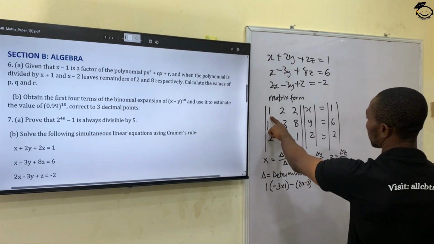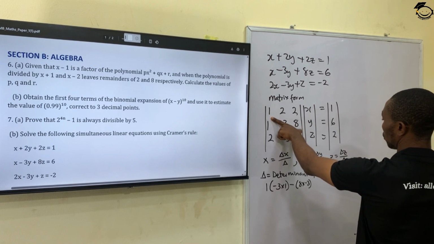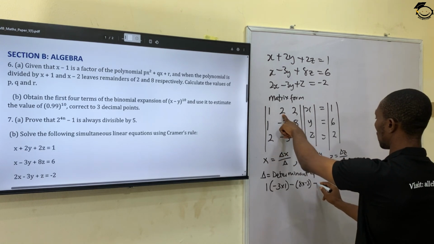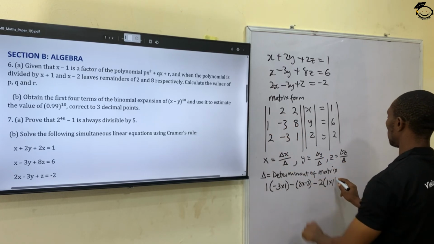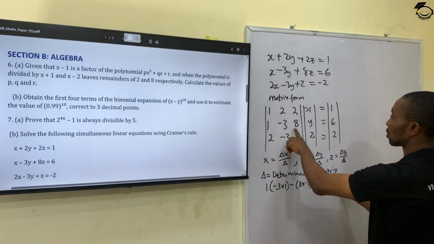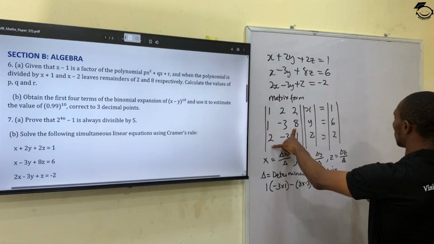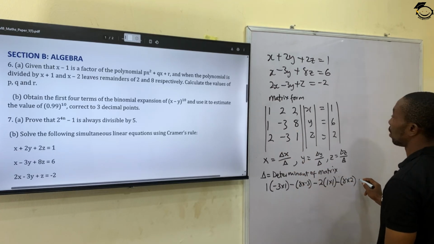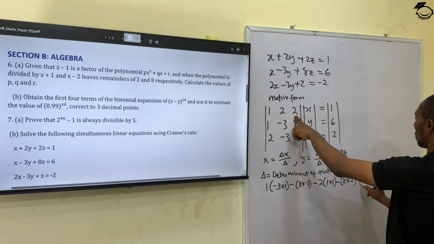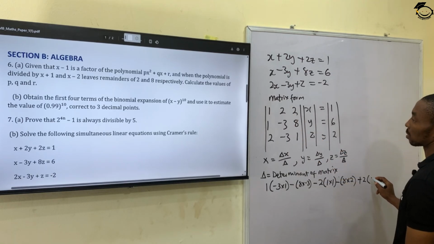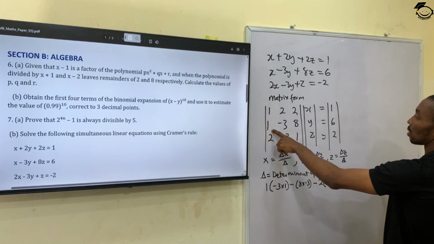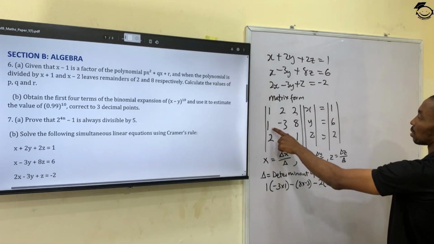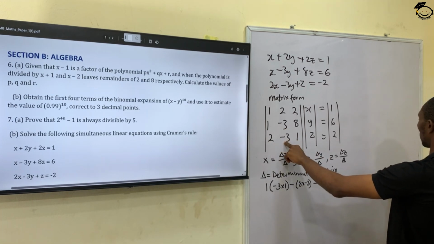So we keep this constant and do the cofactor of this 2. So when we keep this constant, minus 2 bracket 1 times 1 minus 8 times 2. And when we keep this constant, plus 2 bracket 1 times minus 3 minus minus 3 times 2.